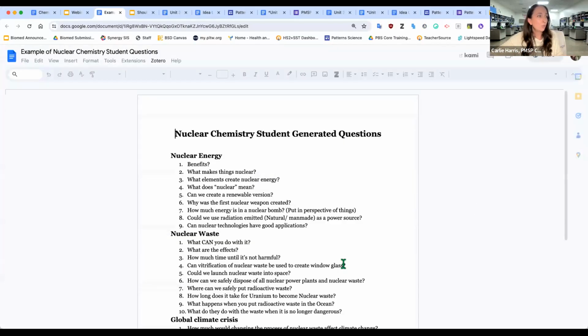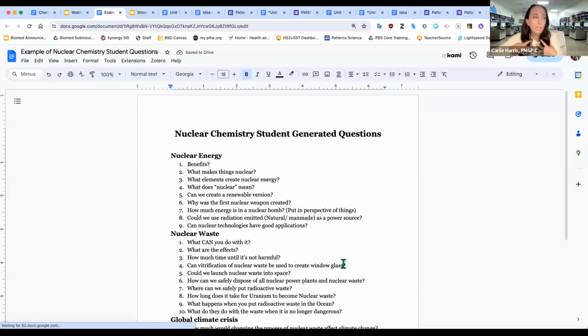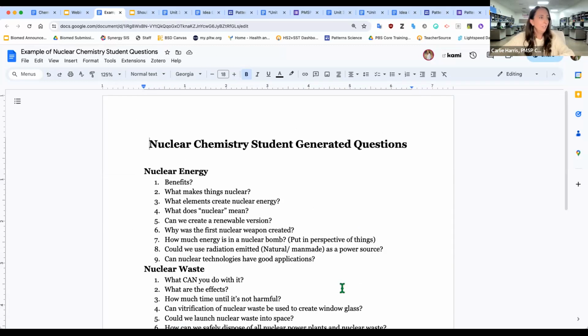I just want to give you an example. These are some actual questions that my students, who are typical students, have come up with in the past. If you look at these, they're not profound questions, right? What does nuclear mean? Well, at this point, we just went through Unit 2.